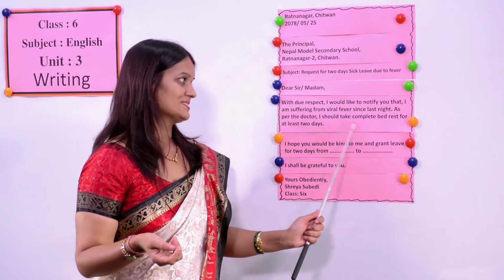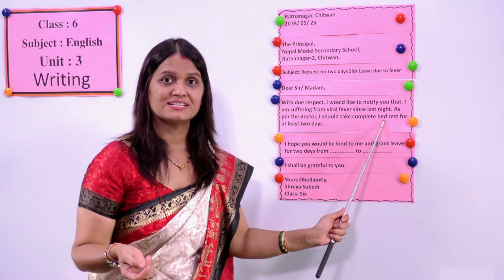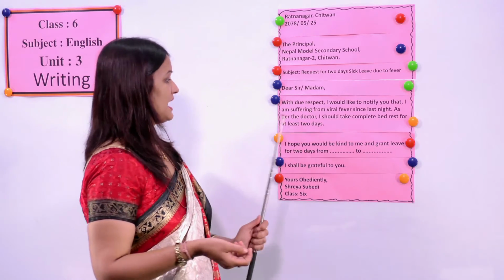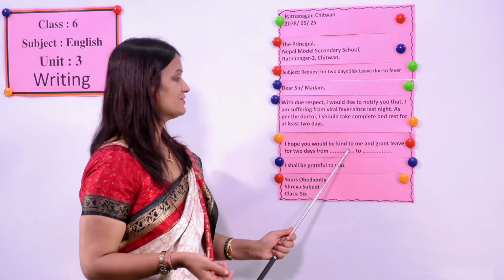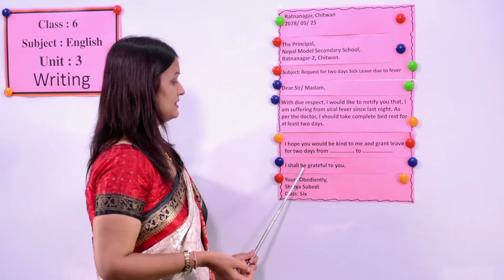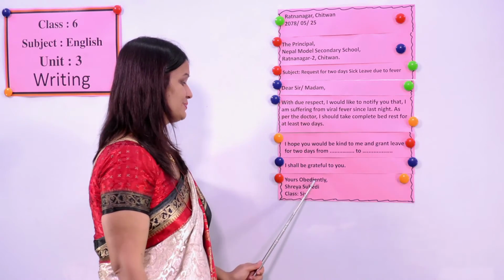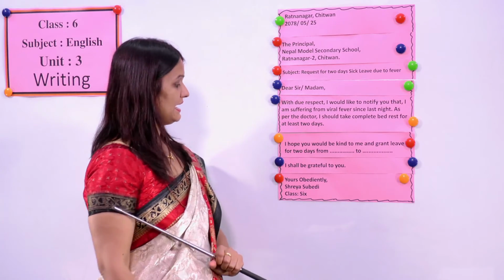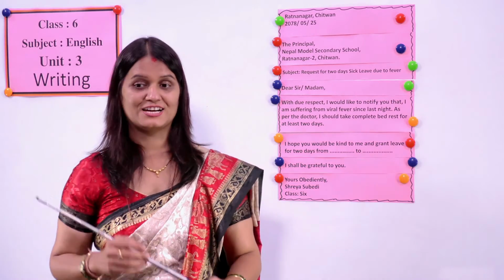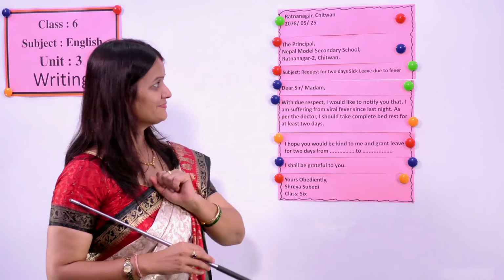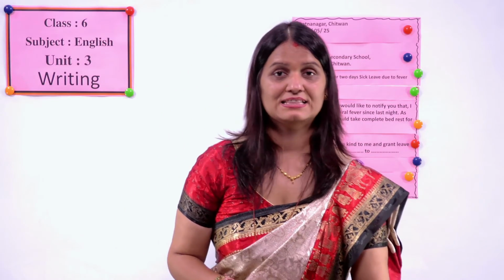Just like here, complete bed rest. And then after you will request for granting leave, then you will express your thanks, gratitude, and subscription yours obediently, and your name and class. So in this way, you will write leave application.